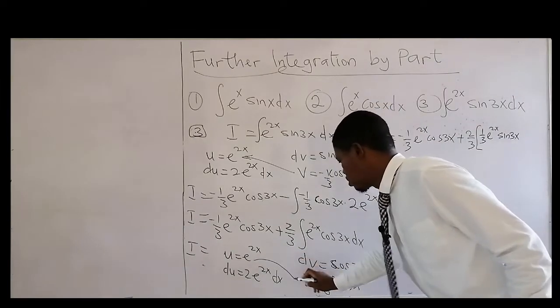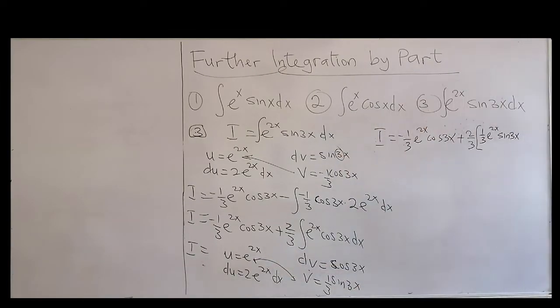Then minus integral of v. v is 1 over 3 sine 3x du. The du is 2e^2x dx. Okay, then you can close that bracket there.